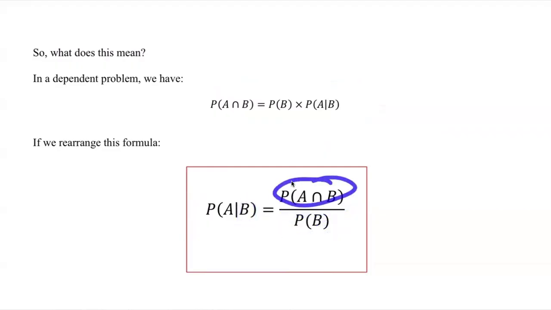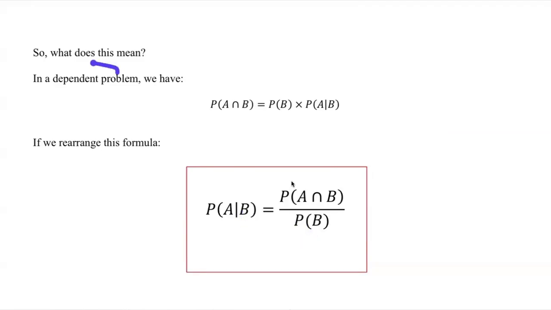And then we look at all of the outcomes that are in both, like what was happening with that Venn diagram. Something that is worthwhile noting, whatever the letter is that is in the given statement, i.e. the B, that will always go on the bottom. If you're struggling to remember where everything goes in this formula, because it's a little bit complicated, you'll remember it if you just remember that that goes to the bottom.